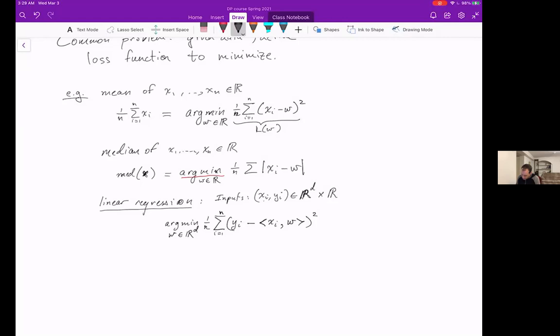Okay, so these are just 3 examples. They have various things in common, but notice that the loss function is a sum.